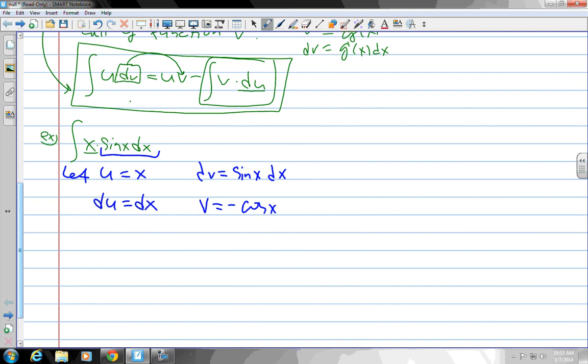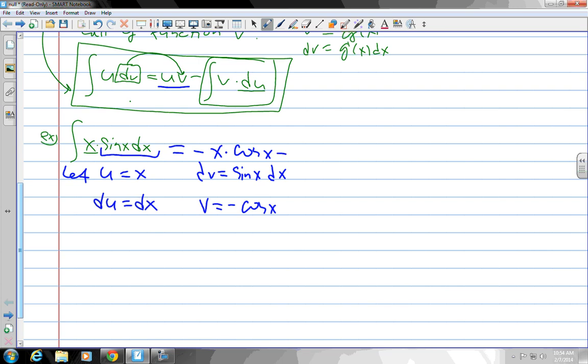At the end, you're just going to slap on a plus c, and you'll be happy with that. Okay? So if I do that, then I follow this rule. The rule tells me multiply u and v. So u is x, v is negative cosine x, so I get negative x times cosine x. Right? That's the uv part.